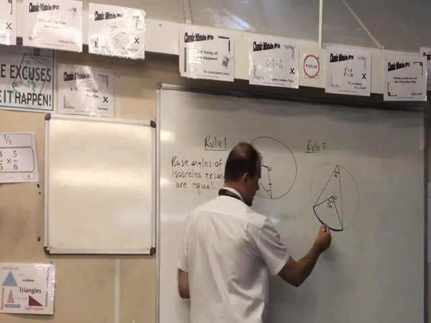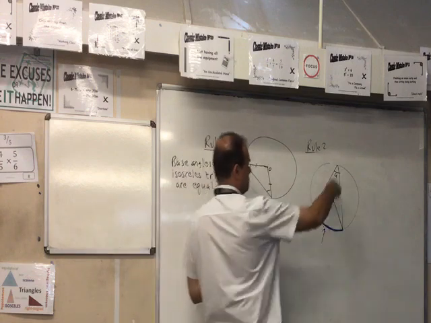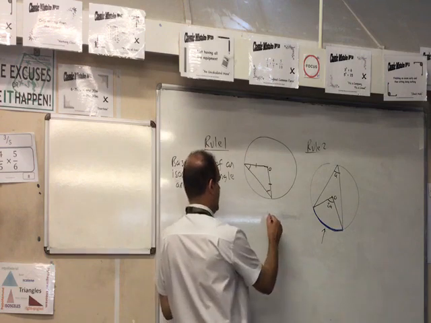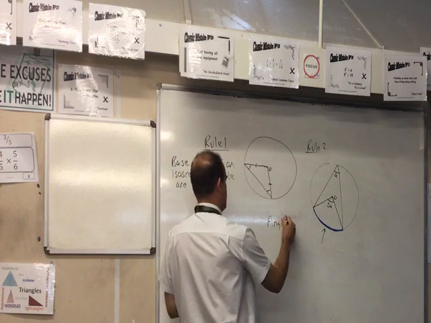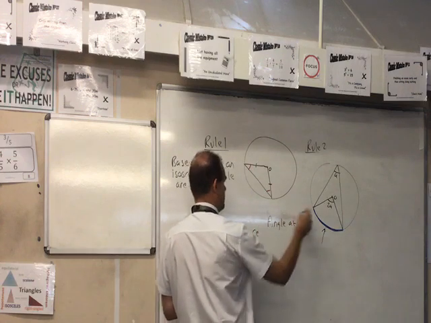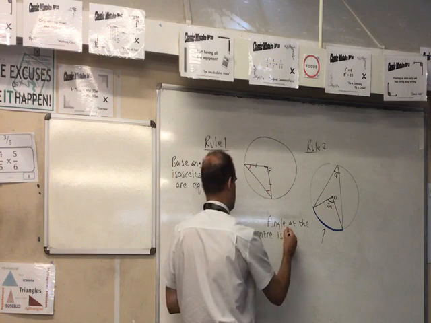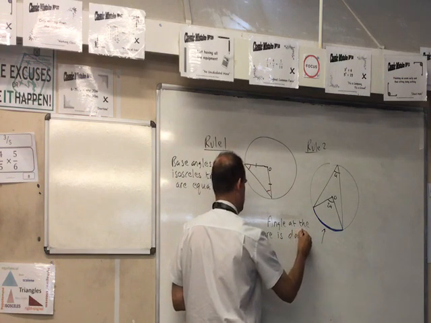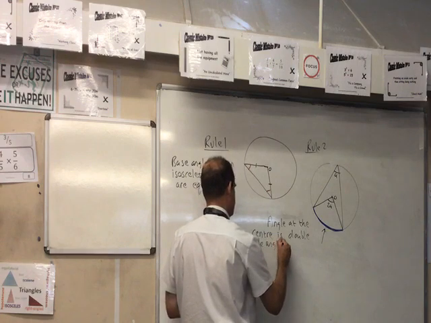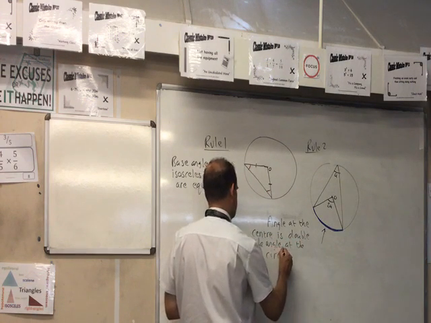Notice how they face each other. It could be the other way around, with reverse roles, and you have to turn your book around to see it. Therefore the theorem is: the angle at the centre is double the angle at the circumference.